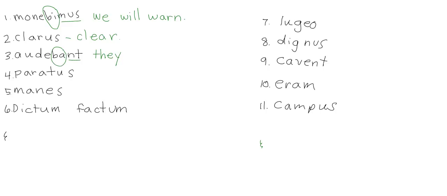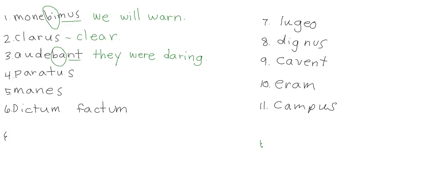Tense is time. Ba is for was, but we don't say they was, so we say they were. They were daring, audere. Oh, audere. New word. How dare I? How dare you? You know, kind of hear that in there a little bit to try to remember.